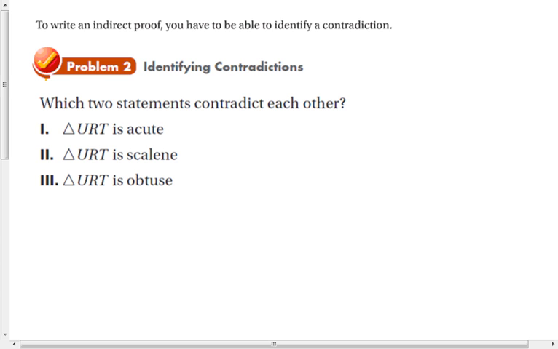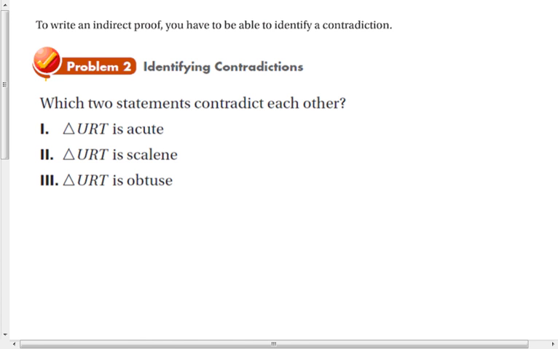All right, problem 2. You have to be able to identify a contradiction. When you get that contradiction, then you are proving what you want to prove. So you have to be able to identify that. Look at this situation. Which two statements contradict each other? The first one says triangle URT is acute.